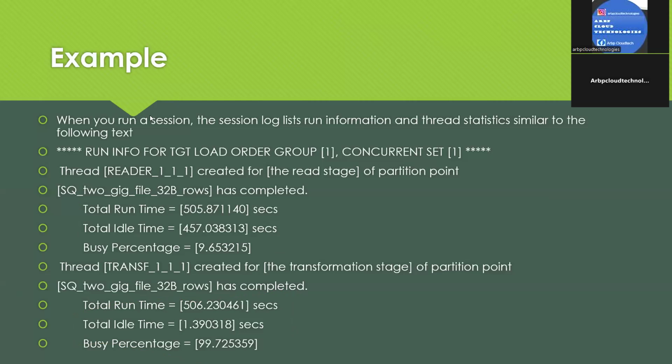I will quickly summarize what I explained. In the past I was explaining bottlenecks, and today I explained the thread statistics. I distributed the thread statistics in three parts: reader thread, transformation thread, and writer thread, and all are equally distributed into three parts: run time, idle time, and BG percentage. The BG percentage was already given with a formula for how to calculate it.